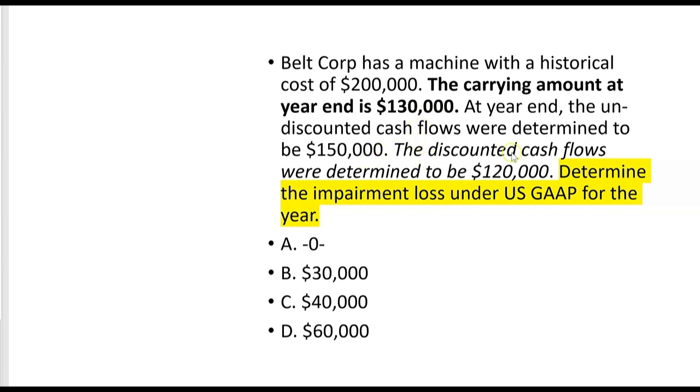But look at this, the discounted cash flows were determined to be $120,000, less than the carrying amount. But we never compare the carrying amount of $130,000 to the discounted cash flows of $120,000 because we do step one first and we compare the carrying amount of $130,000 to the undiscounted cash flows of $150,000, and we find that there is no impairment.